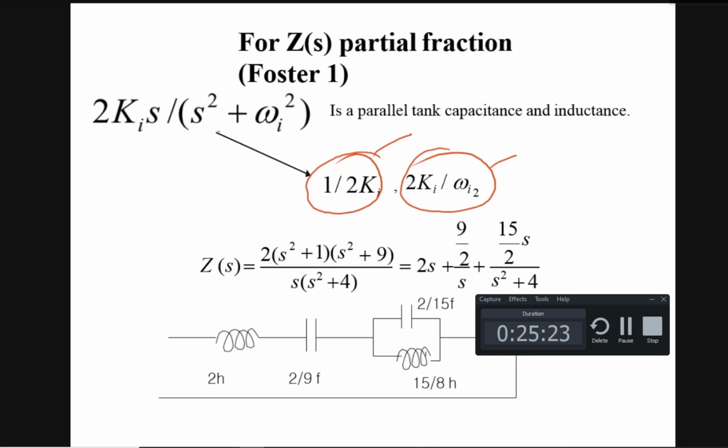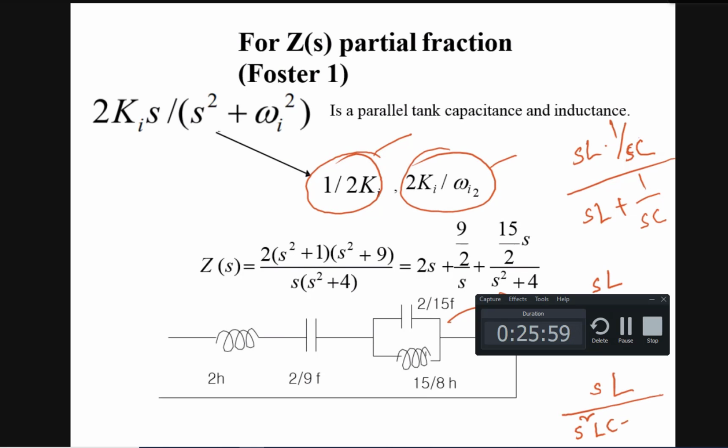For example, sL in parallel with 1 by Cs. If we compute this, sL times 1 by Cs, divided by sL plus 1 by sC. If we take the LCM, then sL will remain, and then s squared LC plus 1.